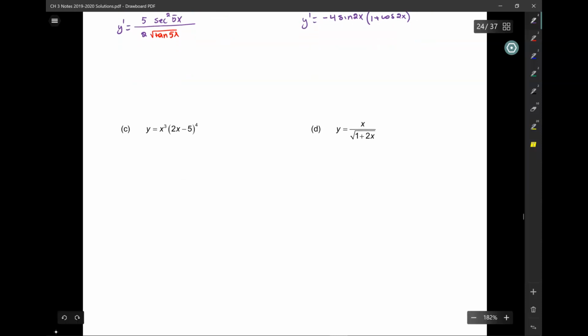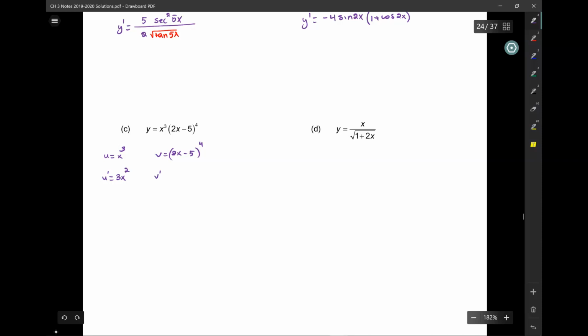Okay, so u is x cubed. v is 2x minus 5 to the power of 4. Now, u prime is 3x squared. Like last time, you thought that was your biggest problem, and now look at this.